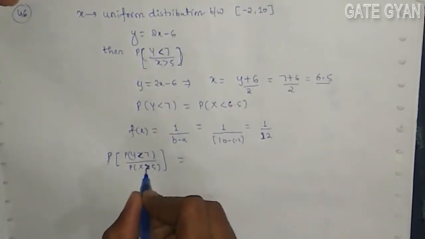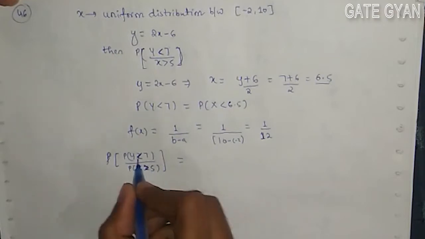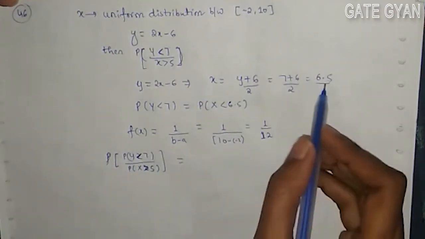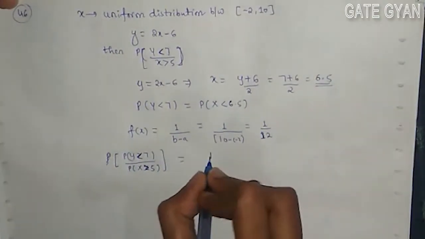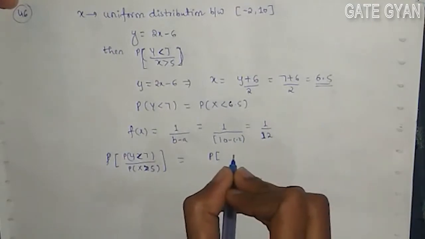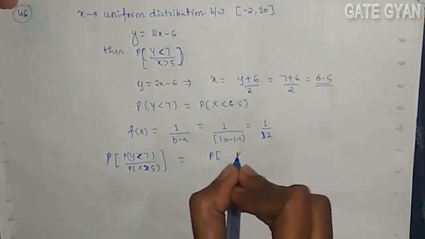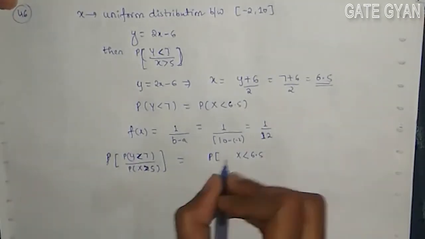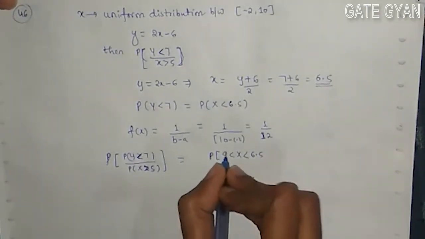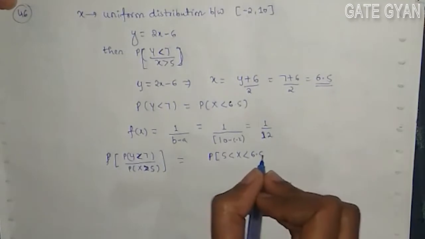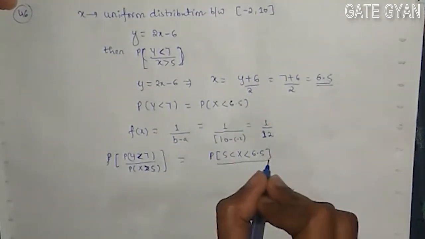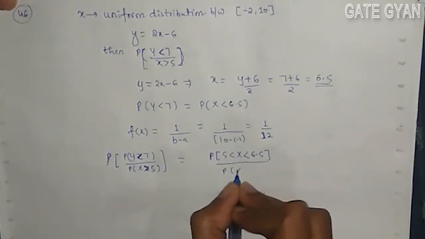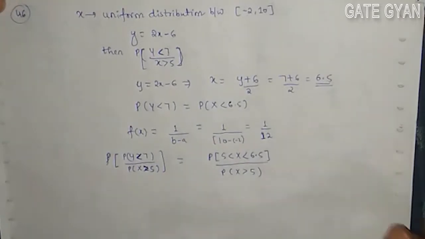So for x greater than 5 and y less than 7, it implies that x is going to be less than 6.5 but greater than 5. So x is going between 5 and 6.5, upon P of x greater than 5.